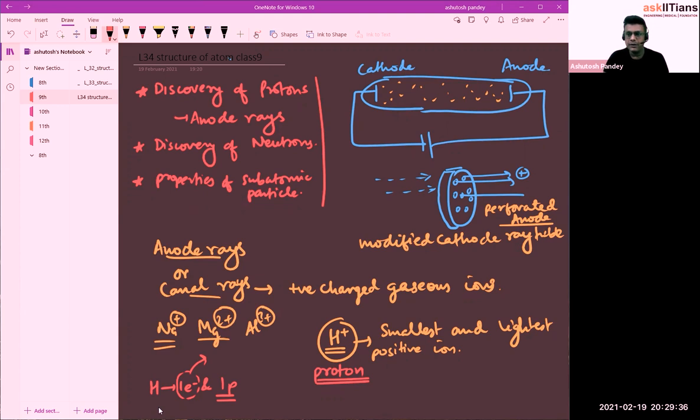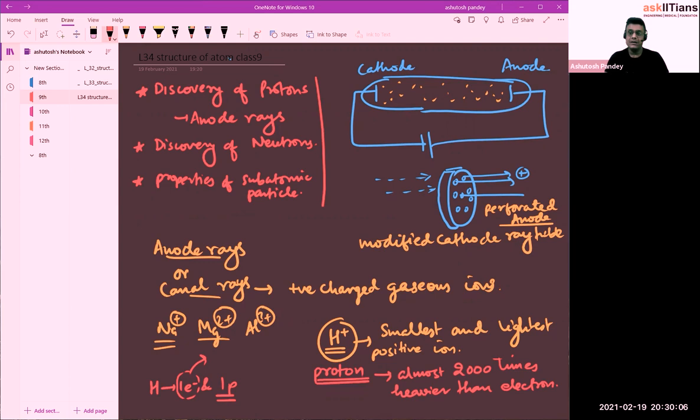Then it was observed that the proton is almost 2000 times heavier than the electron.